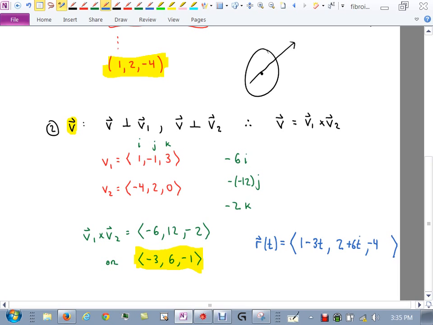I'm just putting it all together. Was that too much? So here was R naught plus tV, distribute the t, collect together, we get this. That is the line that goes through the center of that sphere and is orthogonal to both the lines that were given.